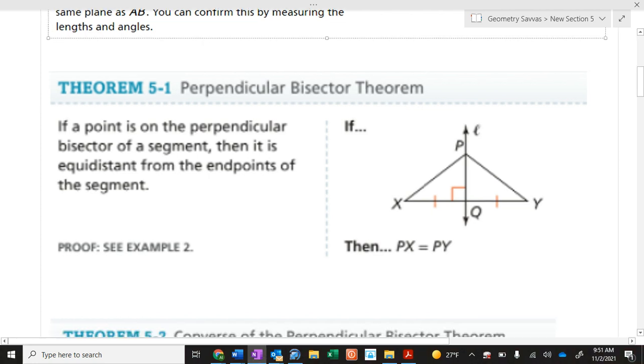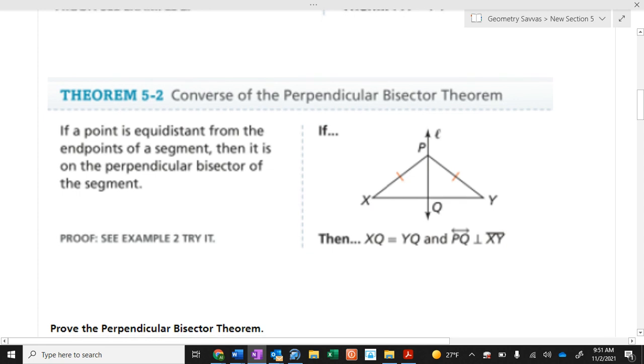Now we have a converse to the perpendicular bisector theorem, which says if P is an equal distance away from X and Y, the endpoints of a segment XY, P will be on the perpendicular bisector of XY. So that means this is a perpendicular bisector. Okay? That's the converse of the perpendicular bisector theorem.